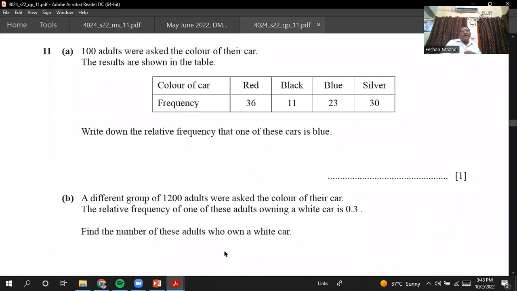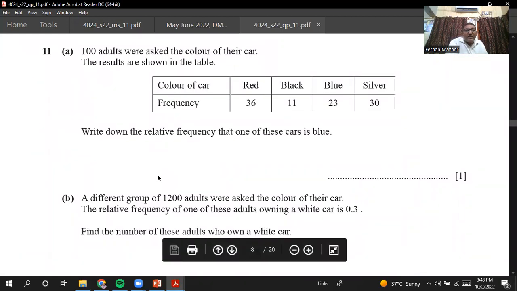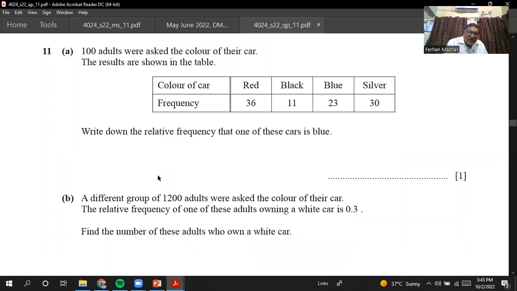Then he says, question number 11, 100 adults were asked the color of their car, and the results are shown in the table. So you have red cars 36 and black cars 11, blue cars 23, and silver cars 30. Write down the relative frequency that one of these cars is blue.